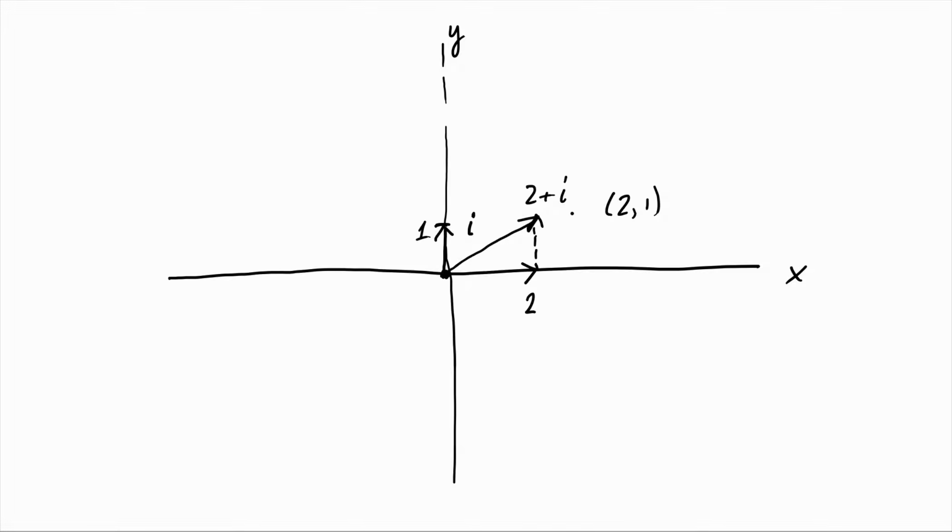In fact, this is what you'd call a complex number, where i itself you call an imaginary number, 2 is a real number, and you say that the imaginary part of this complex number is the coefficient of i, which in this case is 1 times i, and then the real part is just the real number right there.